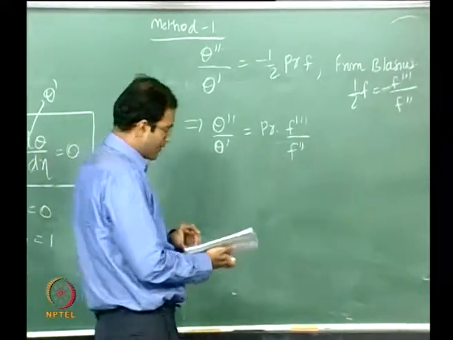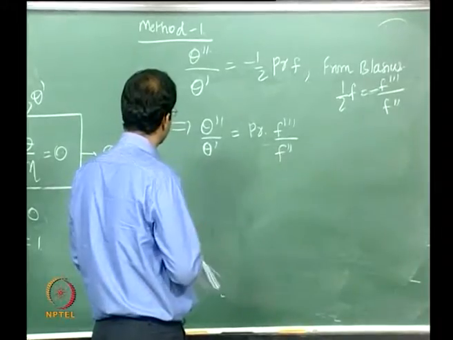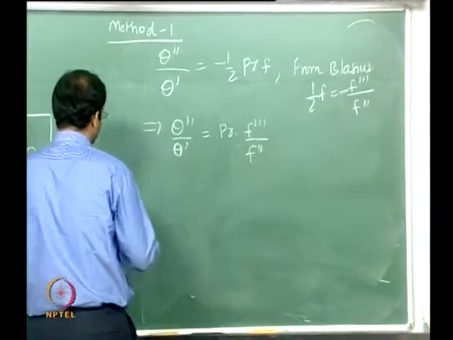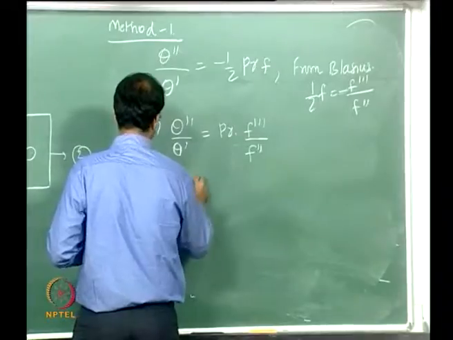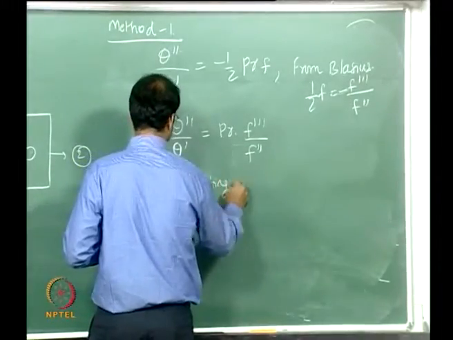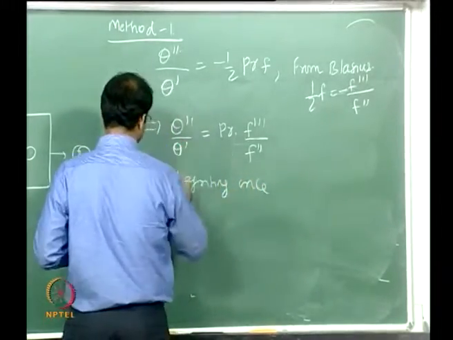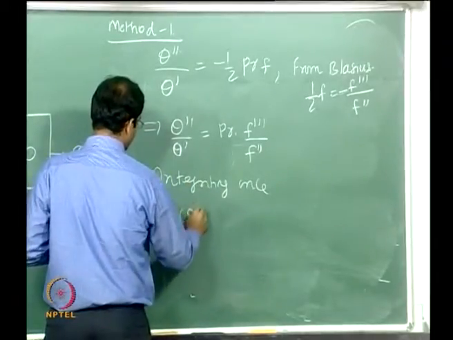Okay, if I now integrate once with respect to eta, so integrating once, this will be ln of theta prime.